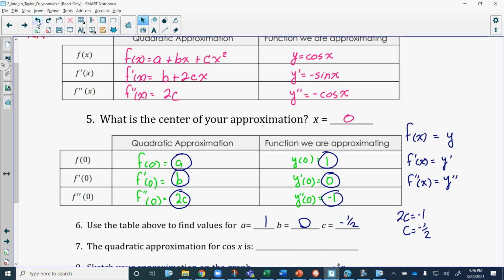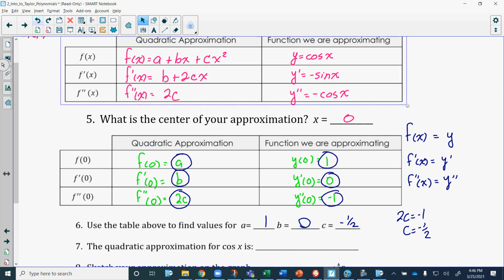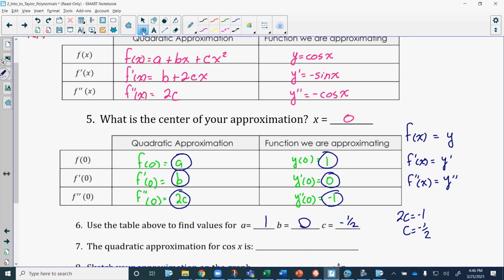If I take the values for a, b, and c and substitute them into f of x, I'm going to get f of x to be 1, and b is 0, so 0 times x is just 0. And c was negative 1/2, so I'm going to say minus 1/2 x squared, or if you prefer, x squared over 2.